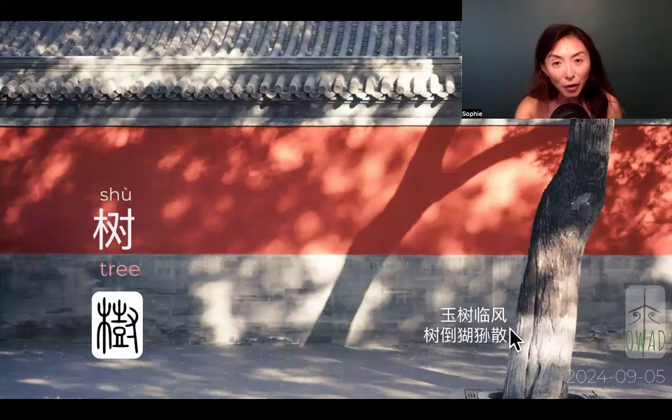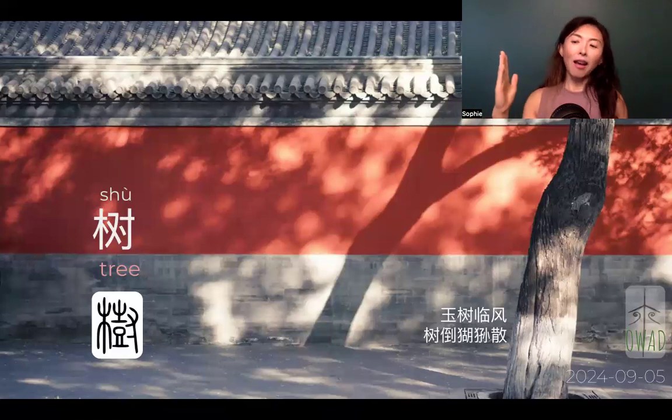玉树临风 is probably the most prominent expression describing the beauty of the male gender, in which we compare a good-looking guy to a tree, because trees stand upright, right? You have to plant the tree upward.